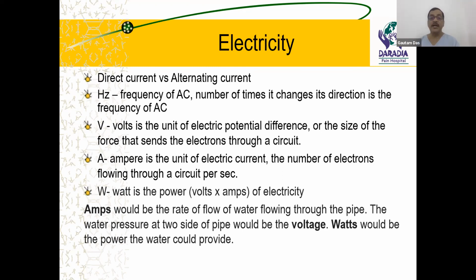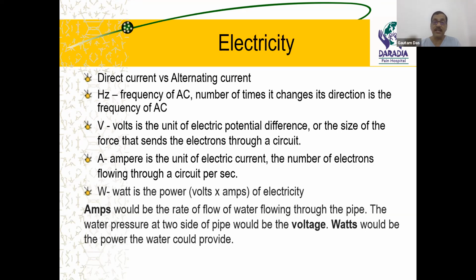Nowadays almost all household and domestic currents are alternating current. But most of the machinery we are using runs on direct current, so alternating current must be converted into direct current for many of these instruments to operate. Alternating current keeps changing its polarity, and how many times it changes is called frequency, Hertz.